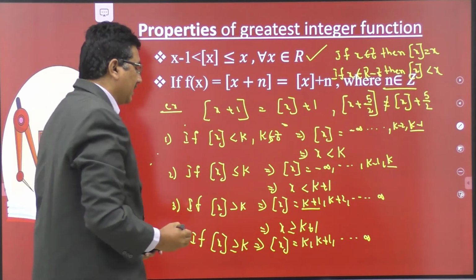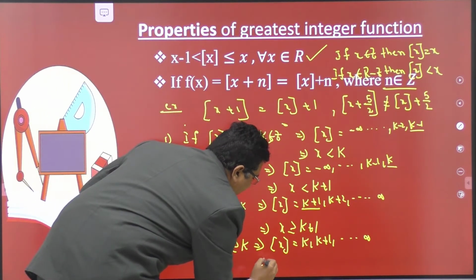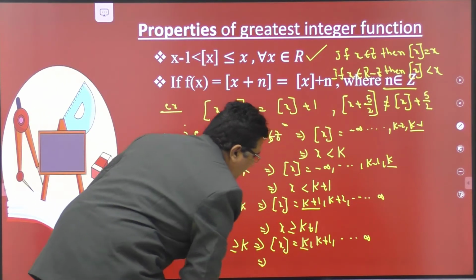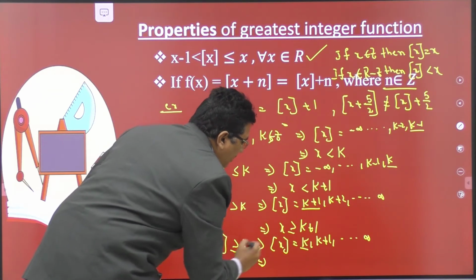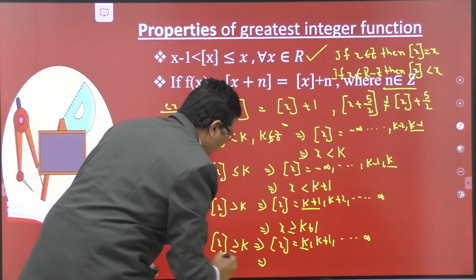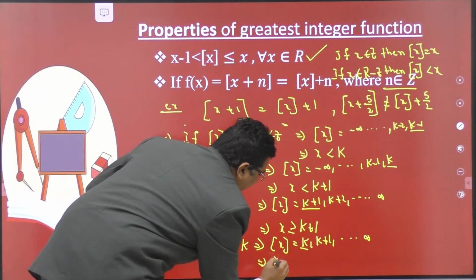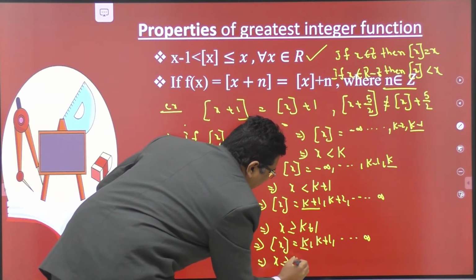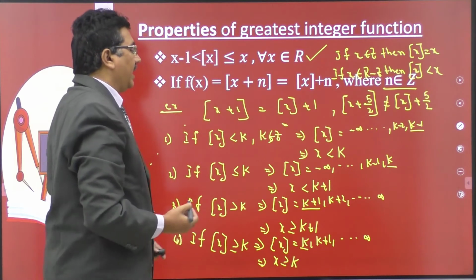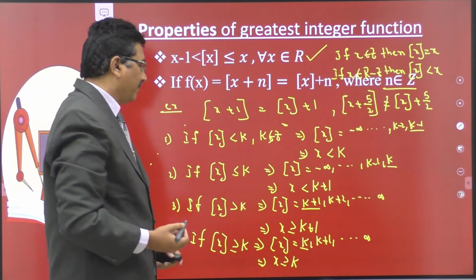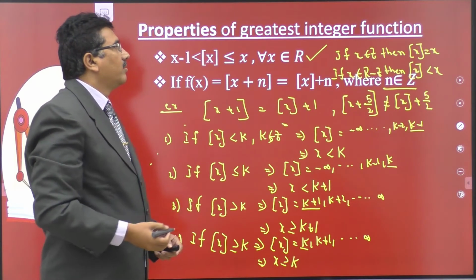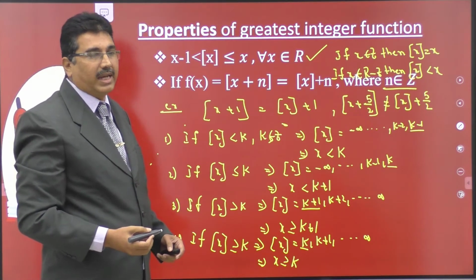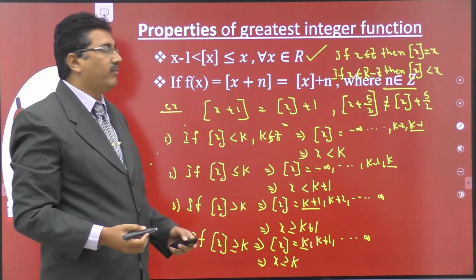Here [x] is equal to k implies the values of x are x greater than or equal to k. Right, so these are the properties of the greatest integer function.